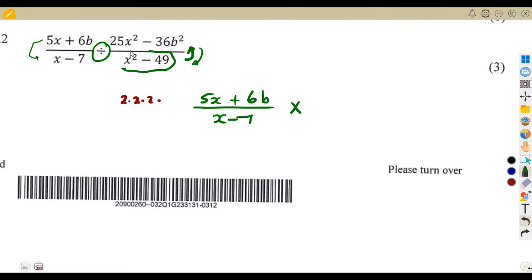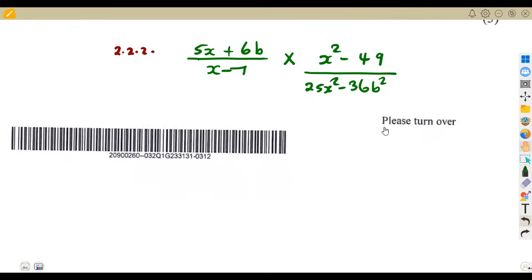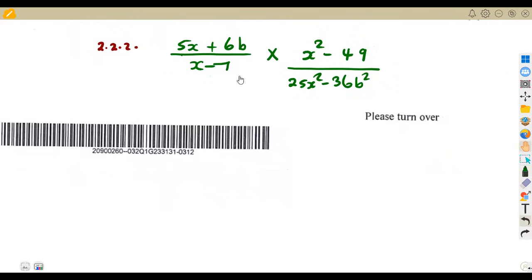So x squared minus 49 is now on top, everything over the denominator now with 25x squared minus 36b squared. With this part, there's nothing that we can do actually on 5x plus 6b.